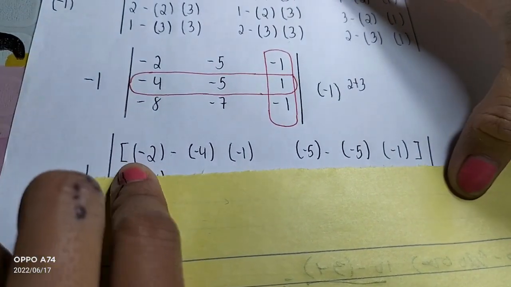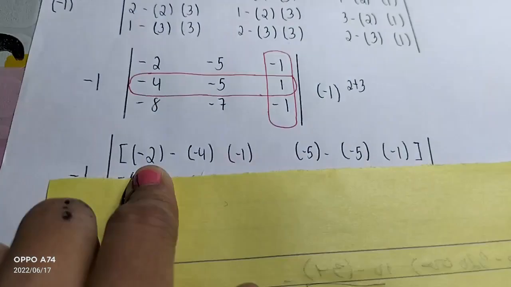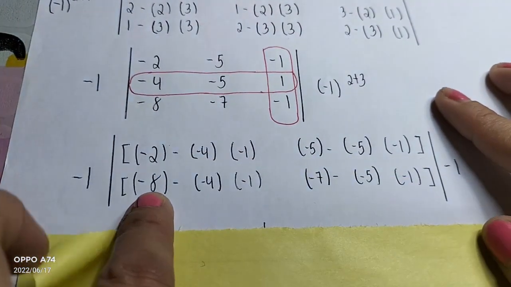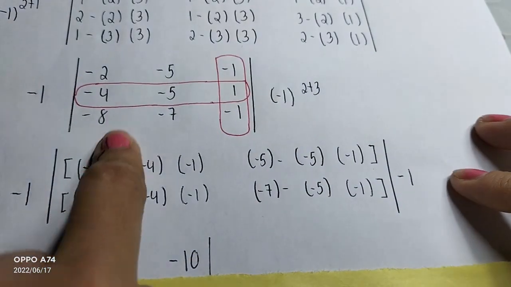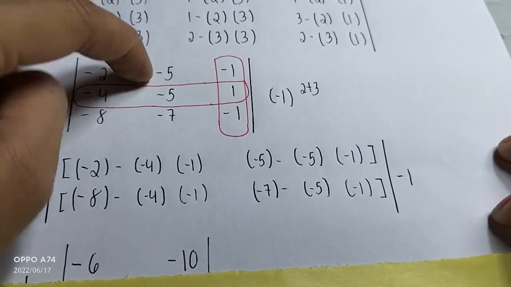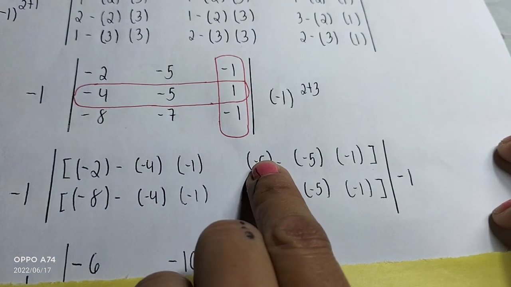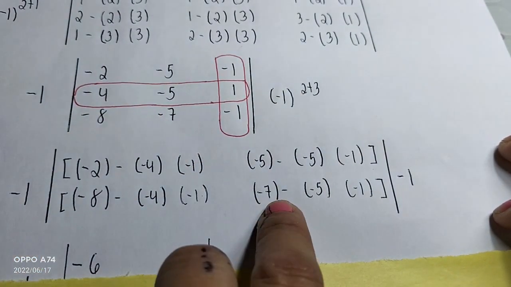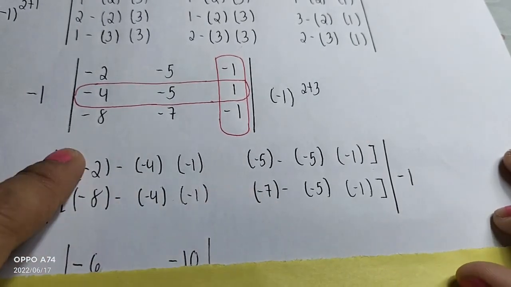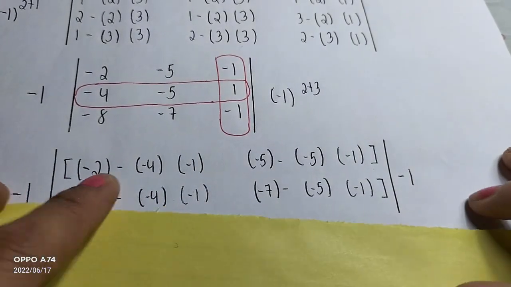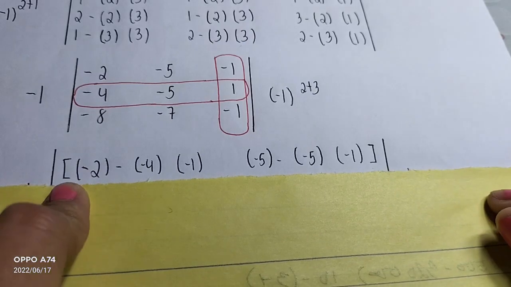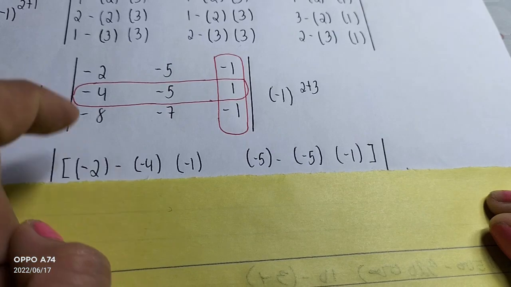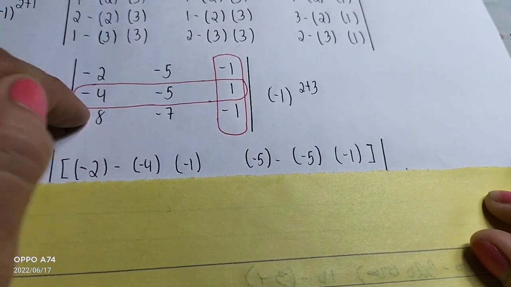Negative 2 is quantity of negative 2, and yung sa baba niya is yung negative 8 is quantity of negative 8, and second column is yung negative 5 is negative 5, and negative 7, negative 7. Minus, ito, quantity of minus 2 minus 4.